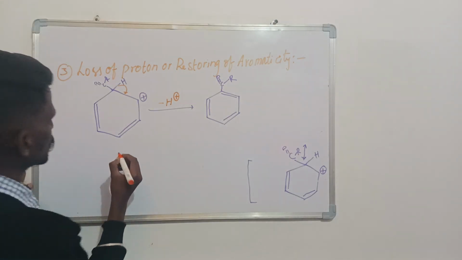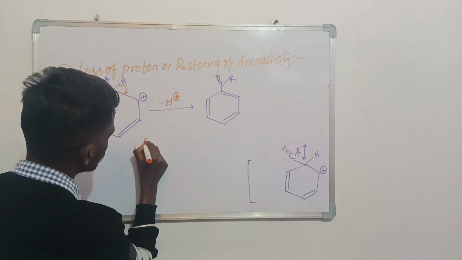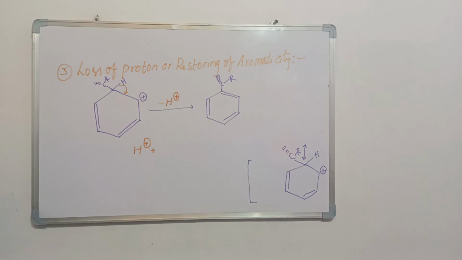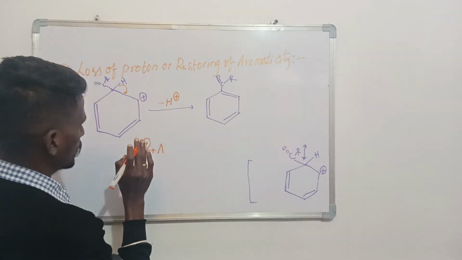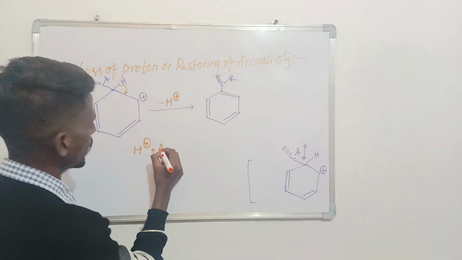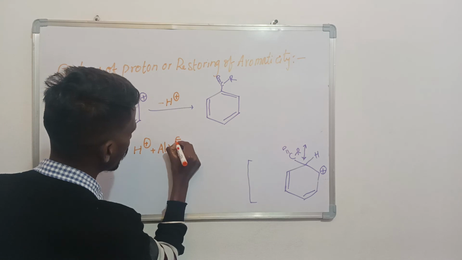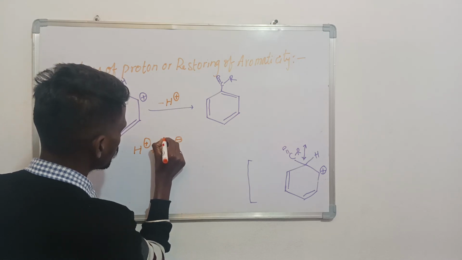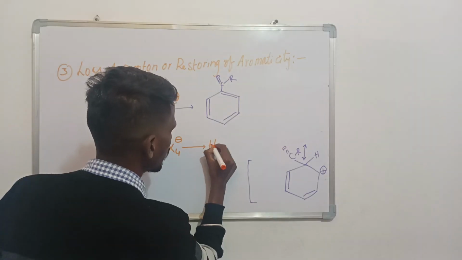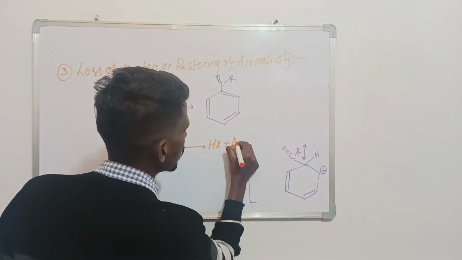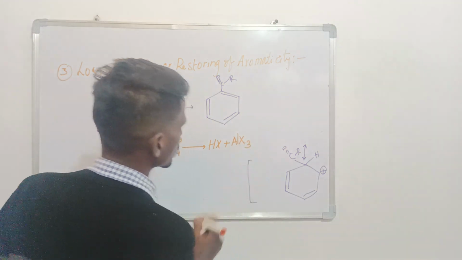Then this H plus ion reacts with AlX4 minus, and it will be converted into HX, and AlX3 will be released.